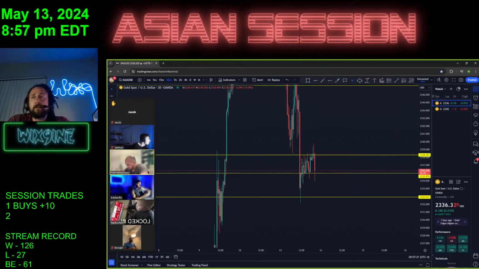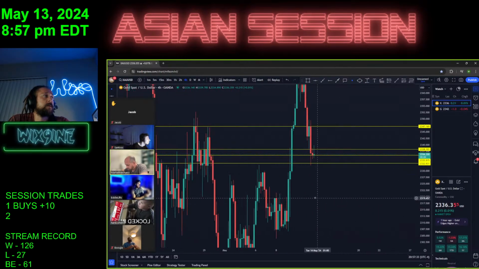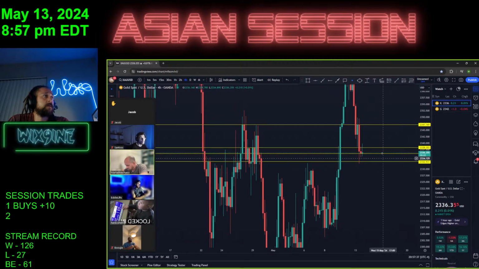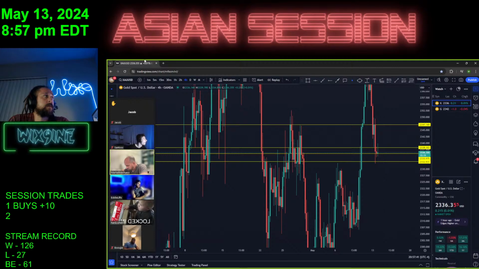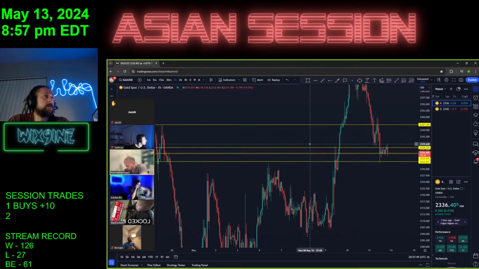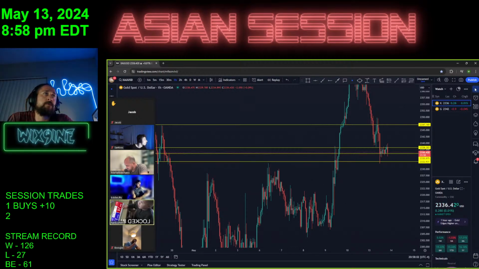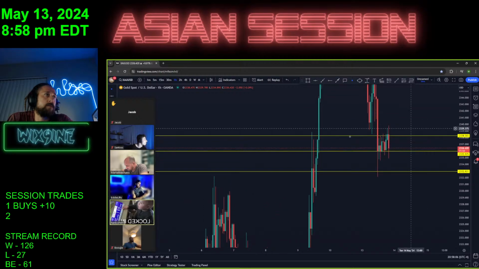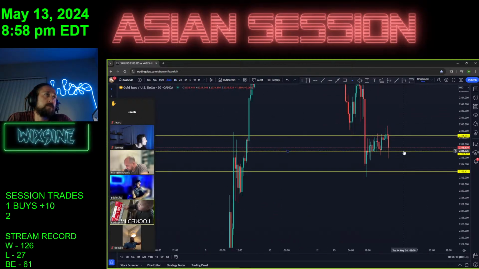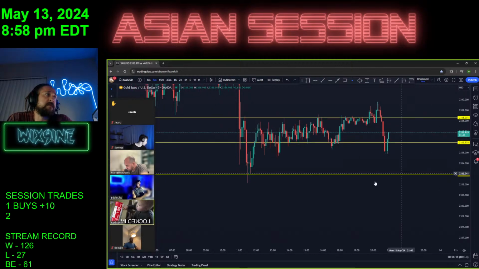Might be waiting here another 5 minutes. 15 closed back in range. The 5 closed back in range.